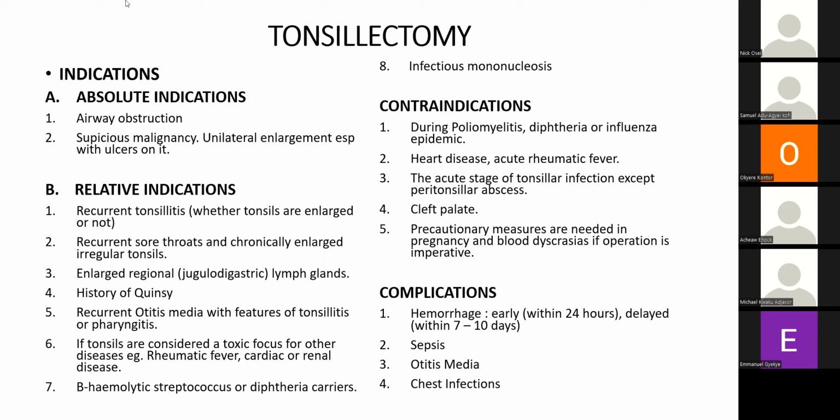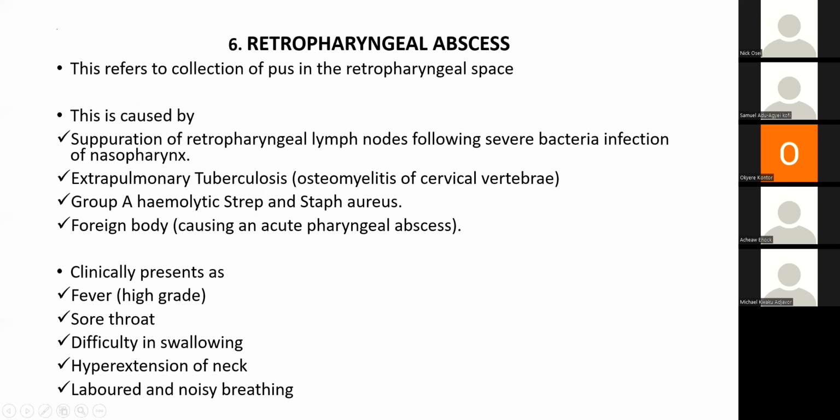That could be a distant spread of the organism causing the tonsillitis, usually via the eustachian tube. And there could also be a possible chest infection. Remember, we could have some of the organism being pushed into the chest. So that is about the tonsillectomy.